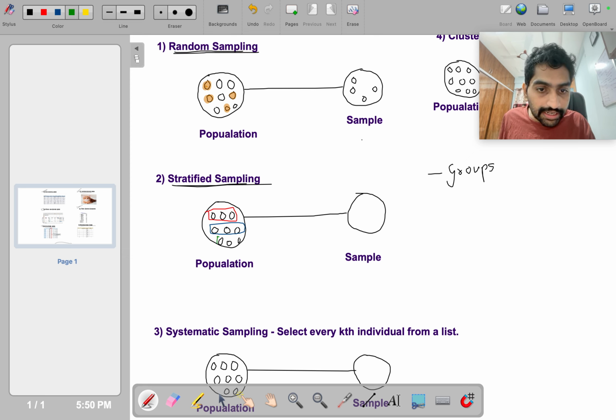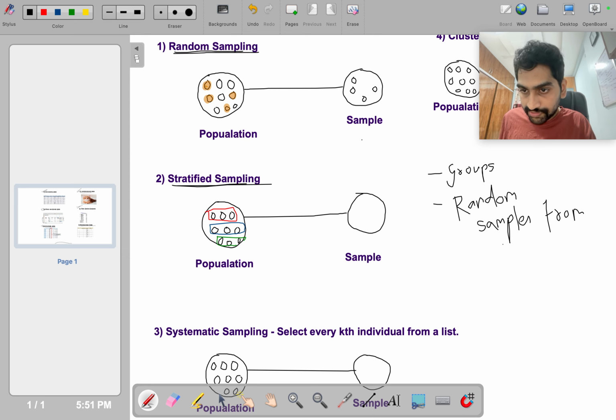So the first step is creating different groups based on similarities. The second step is to select random samples in groups, samples from groups.